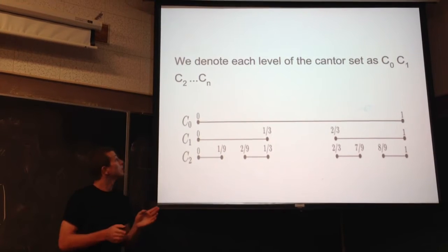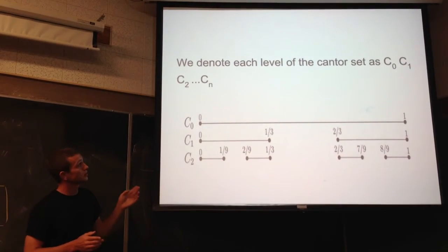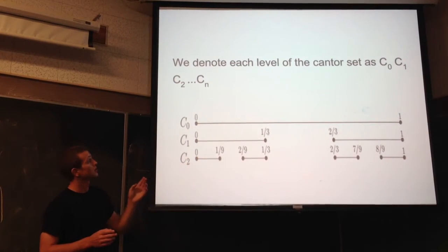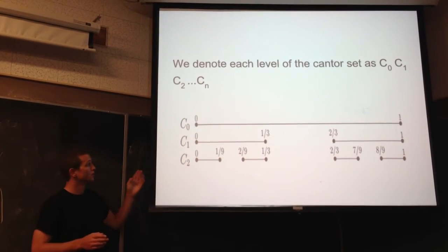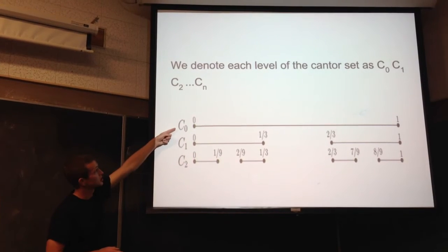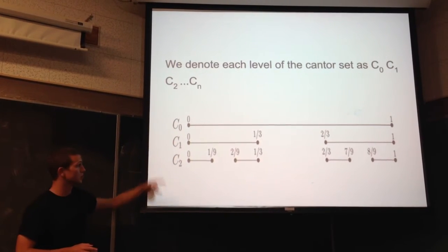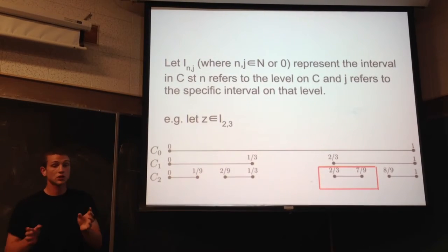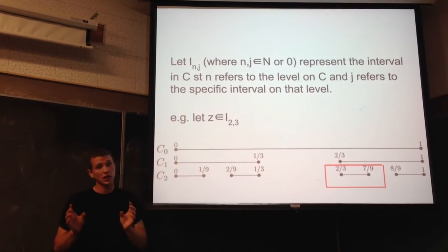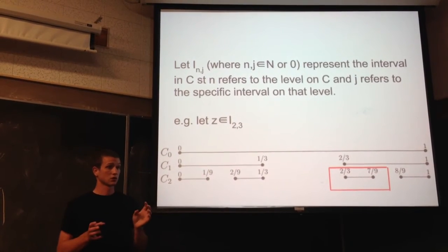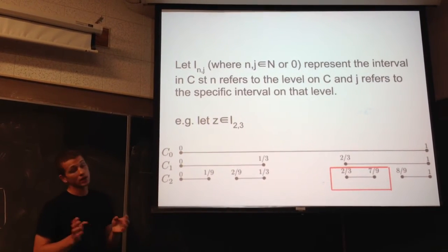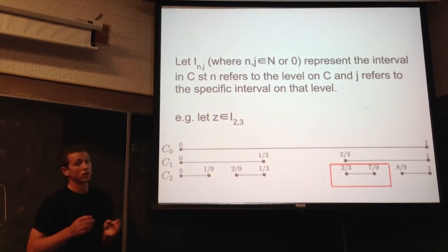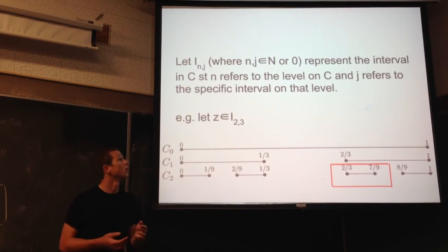All right, we will denote each level of the Cantor set as C sub 0, C sub 1, C sub 2, and so on to C sub n. So this is C sub 0, C sub 1, C sub 2, and it would continue on. Next slide. Now we want to be able to refer to a specific interval in the Cantor set. So we let I sub n,j do that, where n and j are in the naturals or equal to 0.